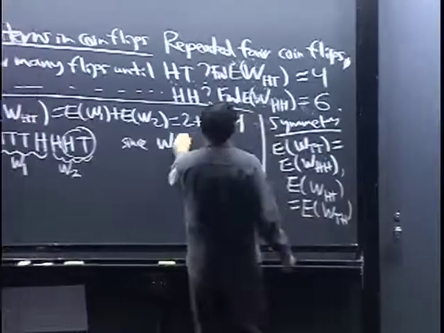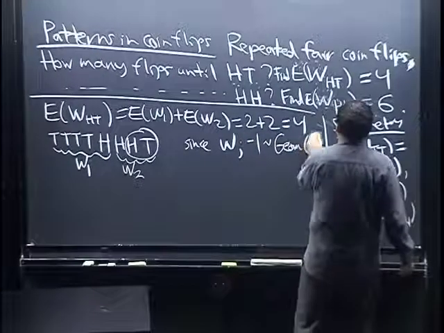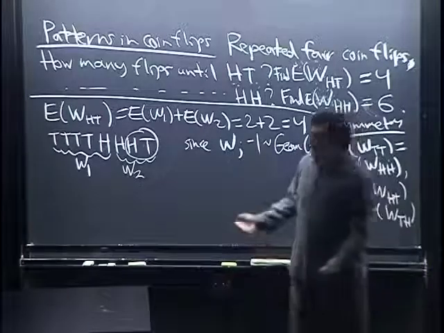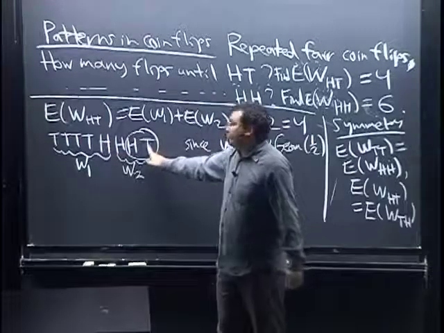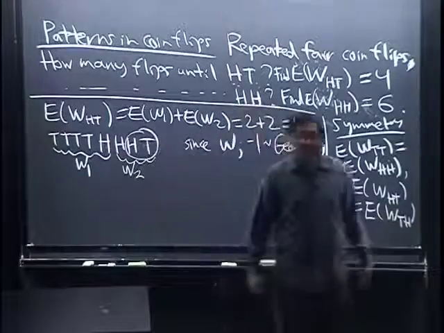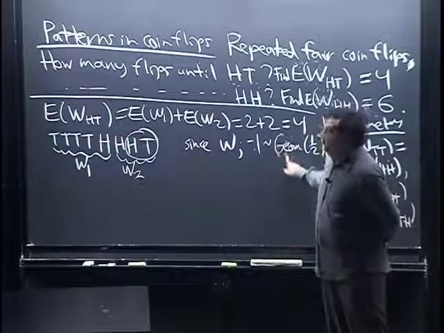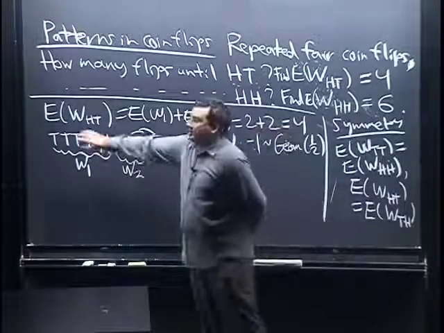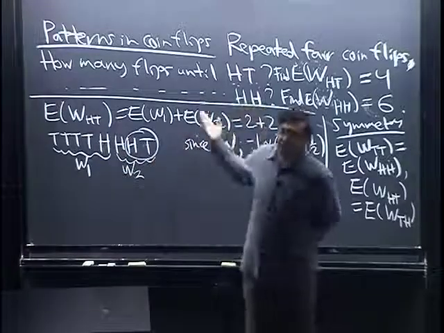So actually Wj minus 1 with our convention is geometric 1/2. It's just the waiting time for success, where here we're defining success to be this heads, and here we're defining it to be this tails. So geometric 1/2 has expected value 1, and 1 plus 1 is 2. So each of these, on average, takes 2 flips to get to this stage, 2 more flips to get to this stage. 2 plus 2 is 4, linearity.